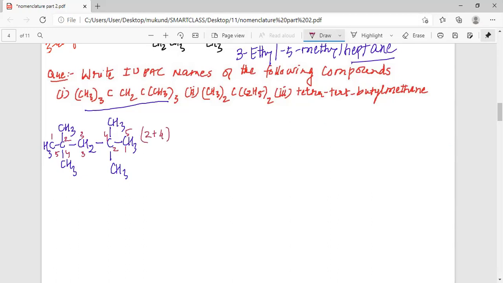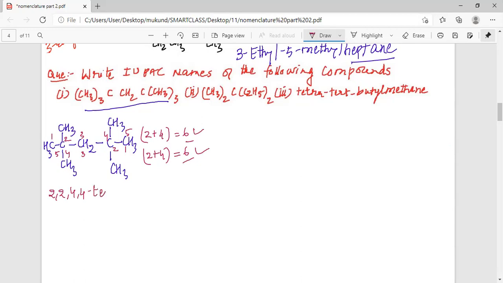And in both the cases, we get 6. So we can use any of this because we are going to get the same name, and thus we can write the name here as 2 comma 2 comma 4 comma 4.